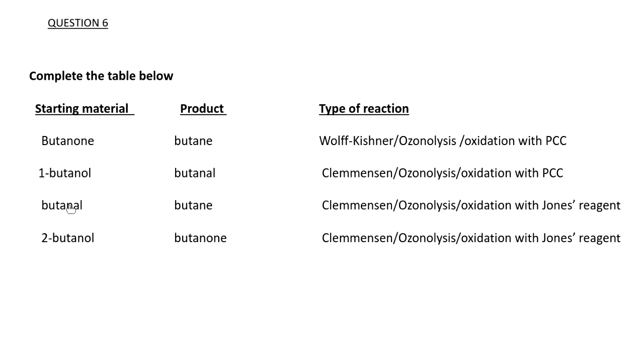What about if we want to convert 1-butanol to butanal? What will we use? Anybody want to say something in the chat? Very good, oxidation. If we want to do butanal to butane, what could we use? Stevenson, is there anything we could have used that wasn't listed here to convert butanal to butane?